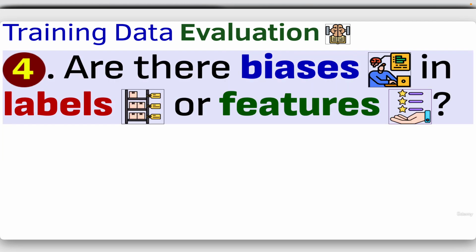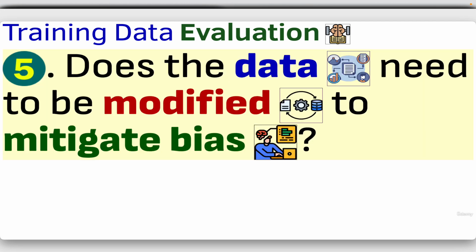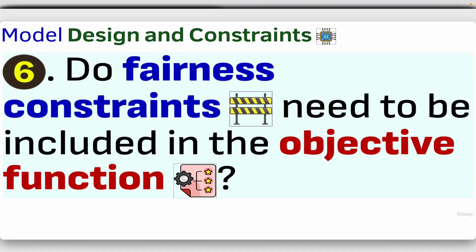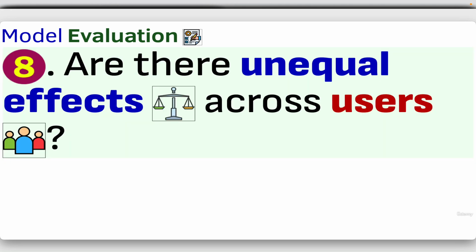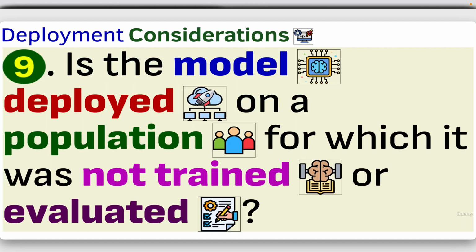Are there biases in labels or features? Does the data need to be modified to mitigate bias? Do fairness constraints need to be included in the objective function? Has the model been evaluated using relevant fairness metrics? Are there unequal effects across users? Is the model deployed on a population for which it was not trained or evaluated?